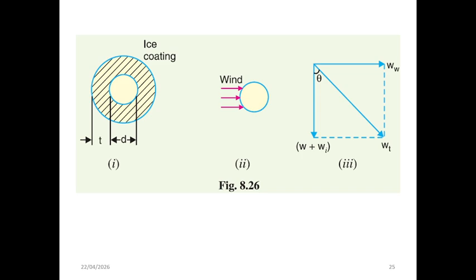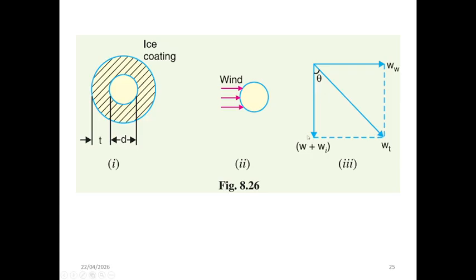The vertical component is the sum of the conductor weight and the ice weight, shown by W plus Wi, while the horizontal component is the wind force, Ww. These two components combine to form the resultant force, WT.